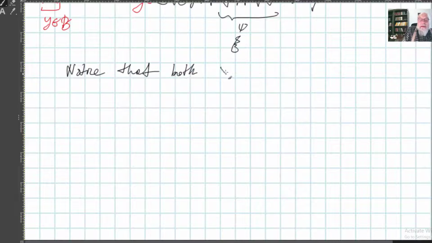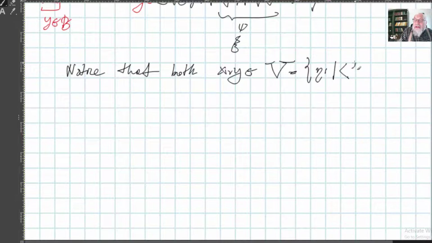So let me rewrite it. What do I have here? What does it mean? That means V is equal to the set of all eta such that, with F fixed, we have the absolute value of ψ minus eta smaller than delta over 2.